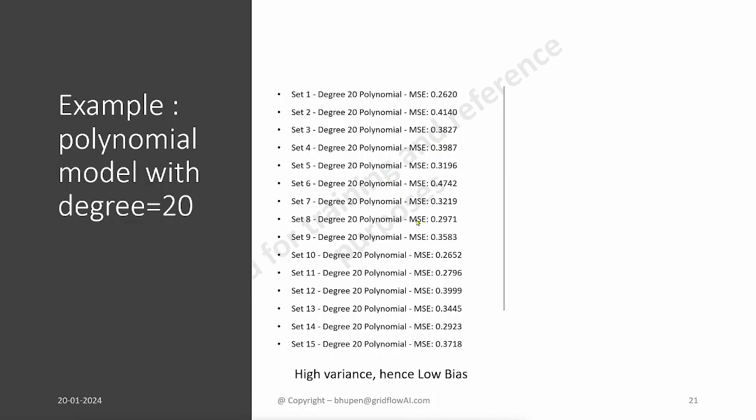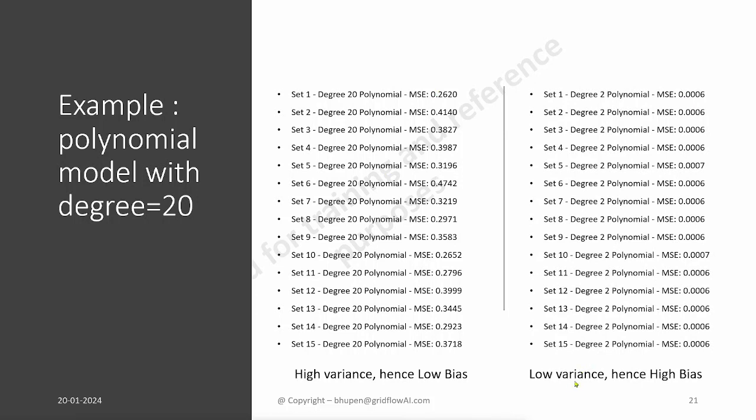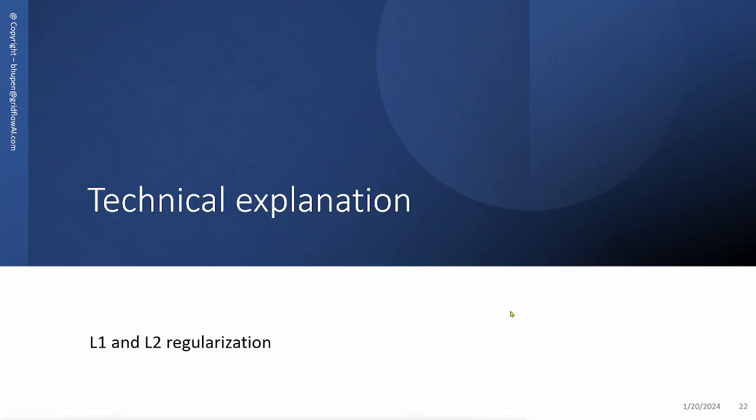You notice how the mean square error is fluctuating. Whereas the low variance model, among set 1, set 2, set 3, because I have trained the model with polynomial degree 2, the mean square error is fairly consistent, or you can say constant. I hope this example clarified what is overfitting and what are high variance and low variance models.